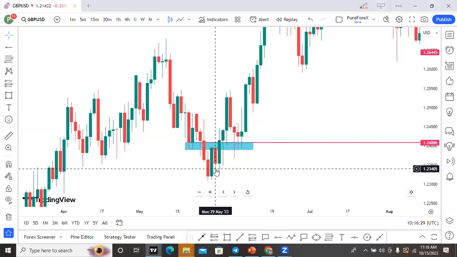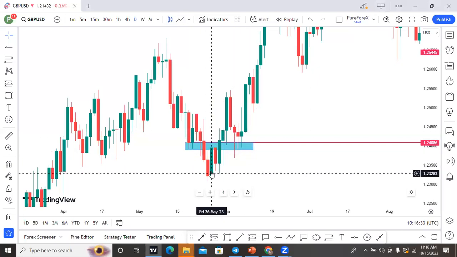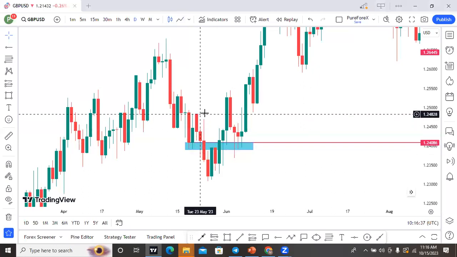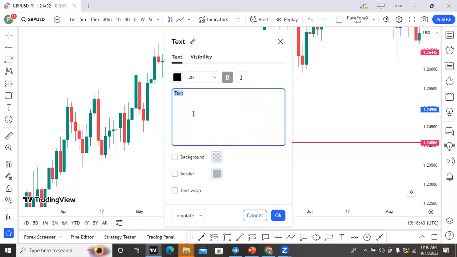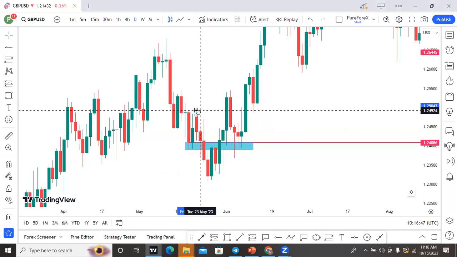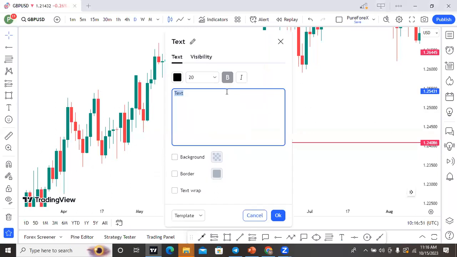And also, if you look at this particular Quasimodo reversal, this is what? Rally base rally. So before the market breached this previous high here, let me draw again. This is a high here. This is a higher high.